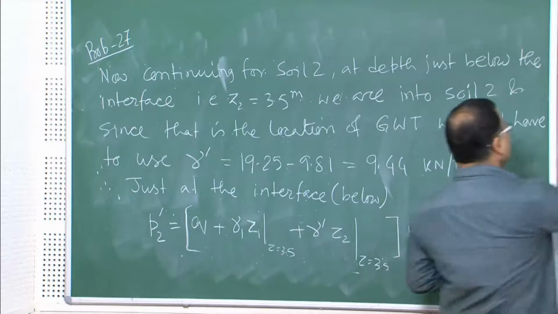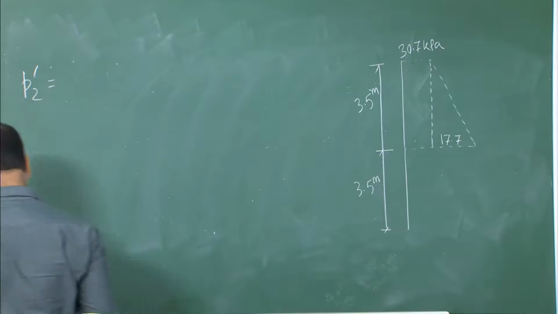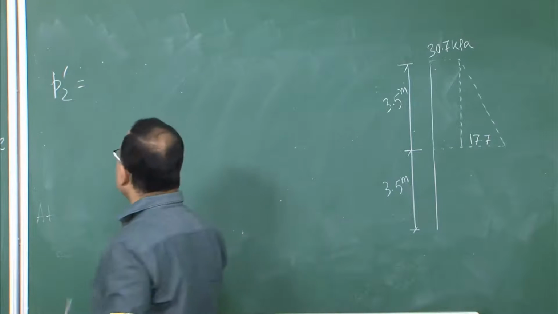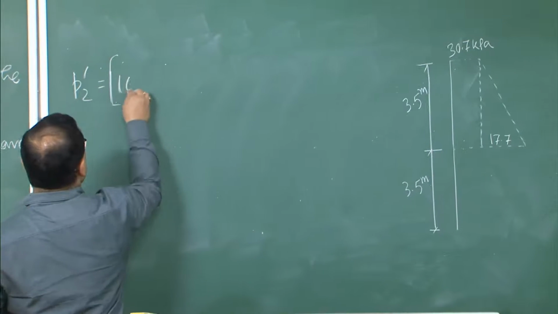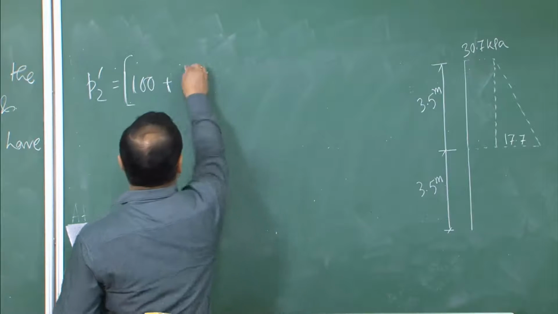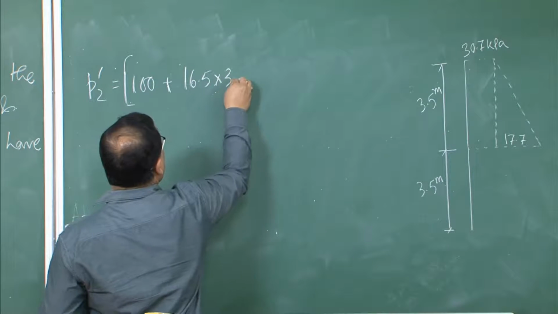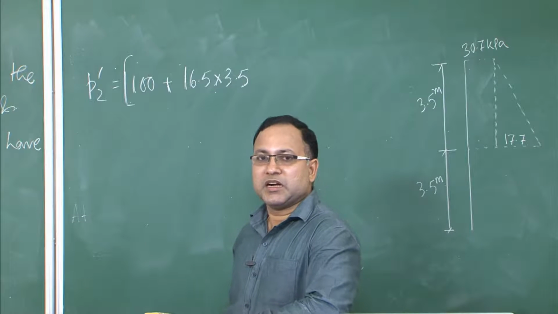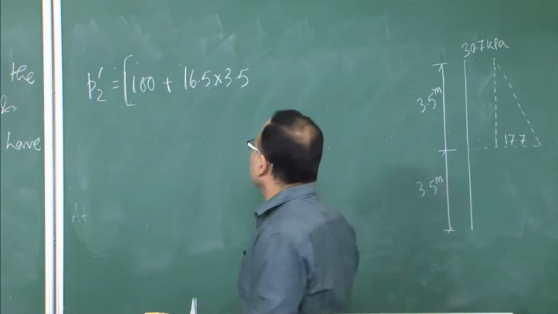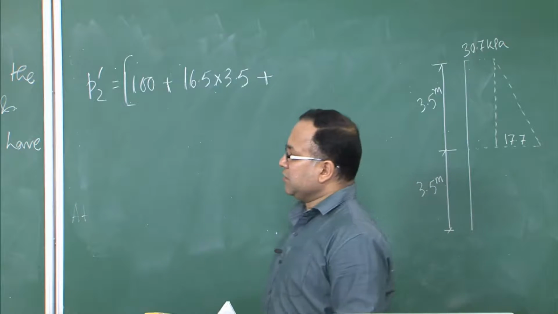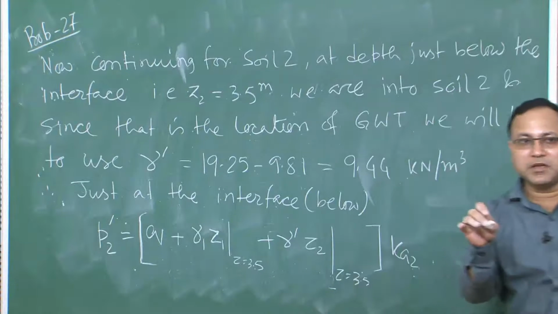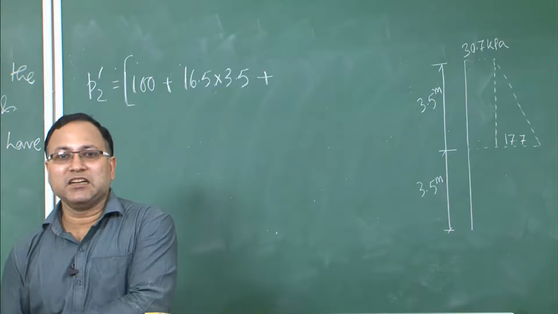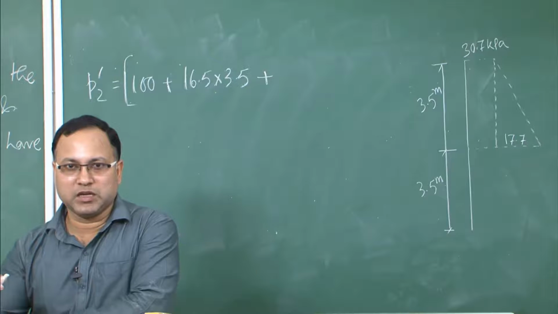Now in this expression you can find out P2 prime. Just below the interface, your P2 prime will be equal to Q, that is 100, plus 16.5 into 3.5, that is the vertical pressure at the interface due to soil 1, plus gamma prime Z2 at the interface. Z2 is 0 at the interface, because we have not yet entered soil 2 properly, just below the interface we are there.